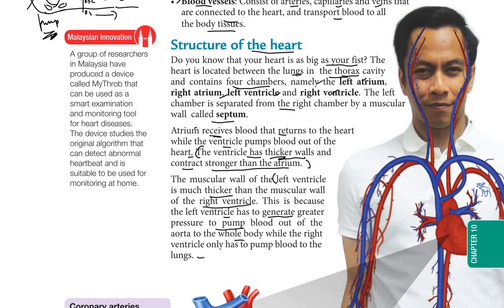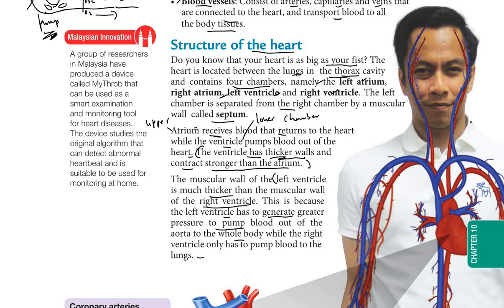So just remember, the atrium is usually the upper chamber, and the ventricle is the lower chamber. The atrium receives blood that returns to the heart, and the ventricle pumps blood out of the heart. The ventricle has thicker walls and contracts stronger than the atrium.